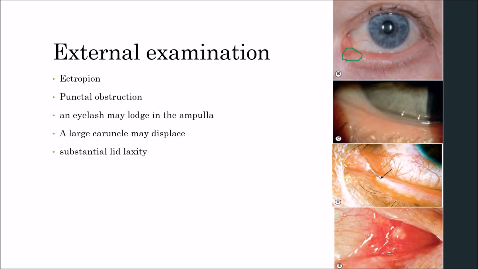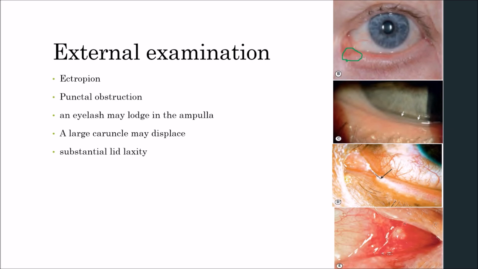Then comes punctal obstruction, usually partial, by a fold of redundant conjunctiva, also called conjunctivochalasis, which we will discuss in detail. It's a common pathology, but it is very underdiagnosed.